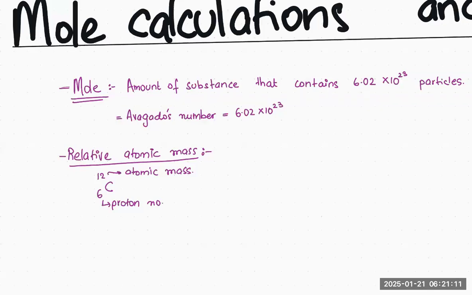What is a relative atomic mass? It is basically a ratio of the average mass of atoms of a chemical element to 1/12 of the mass of carbon-12.